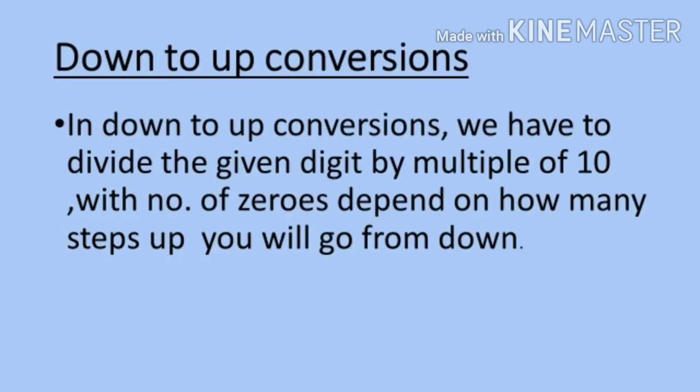Children, in down to up conversions, we have to divide the given digit by a multiple of 10 with number of zeros depending on how many steps up you will go from down. Let us take some examples of down to up conversions.